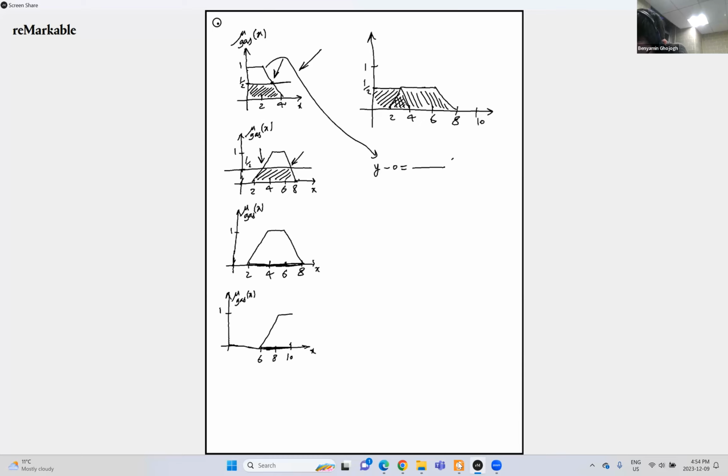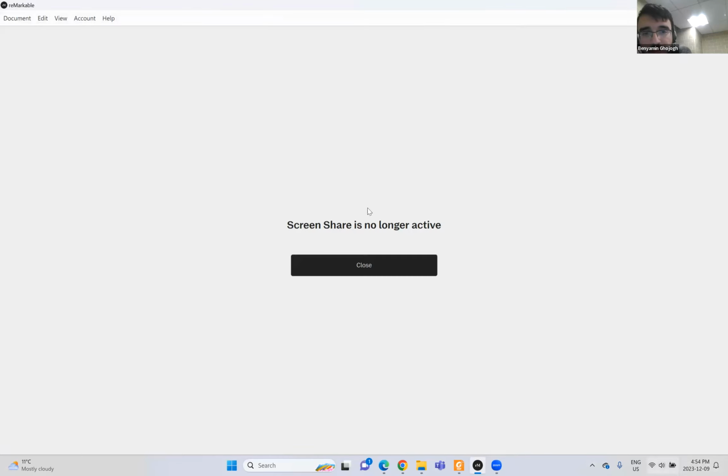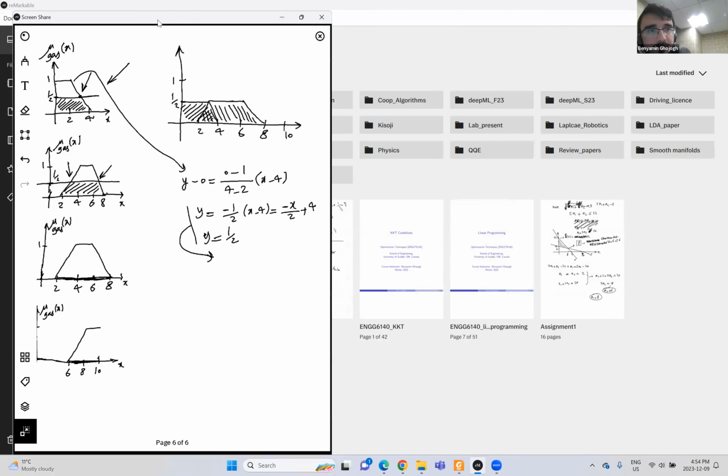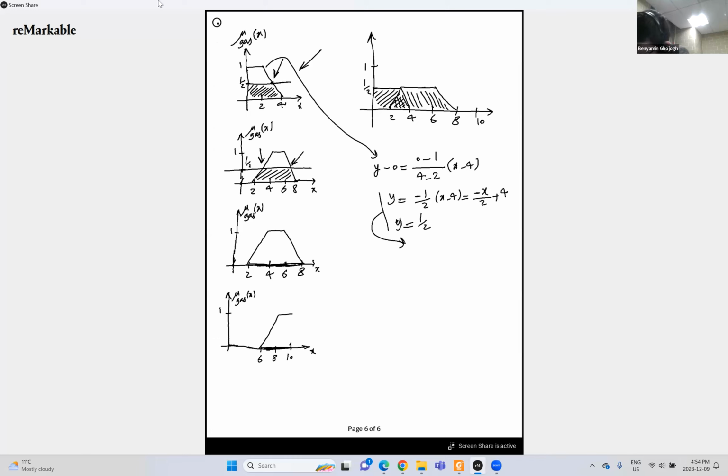And this line, its equation is y equals half, right? So this line is y equals half, and this one line is this. We intersect them.